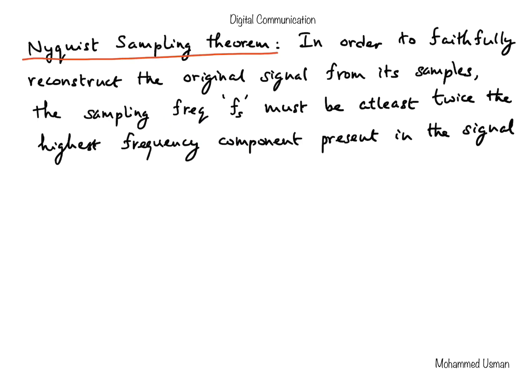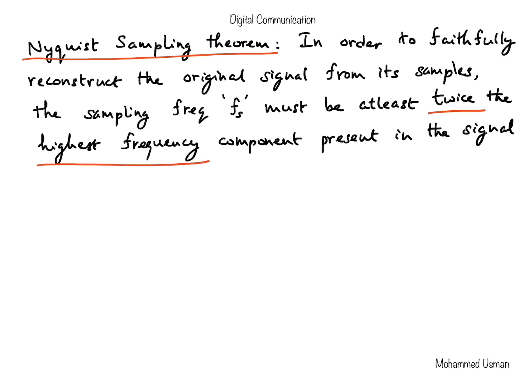So the Nyquist sampling theorem says that in order to faithfully reconstruct the original signal from its samples, the sampling rate should be at least twice the highest frequency present in the signal.